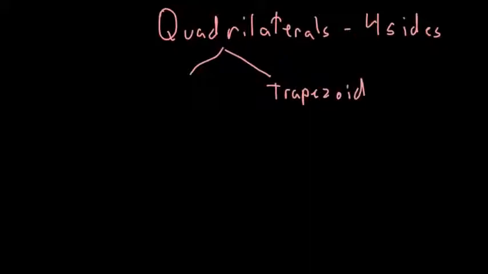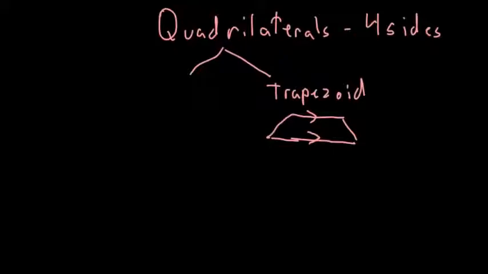And a trapezoid is characteristic of having only one set of parallel lines. So a lot of times you'll see those arrows noting that they are parallel. If it doesn't have any parallel sides, it's just a quadrilateral. If it has one set, it's a trapezoid.